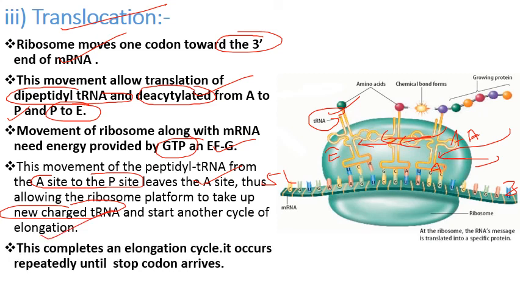So this completes an elongation cycle. It occurs repeatedly until the stop codon arrives on the mRNA.